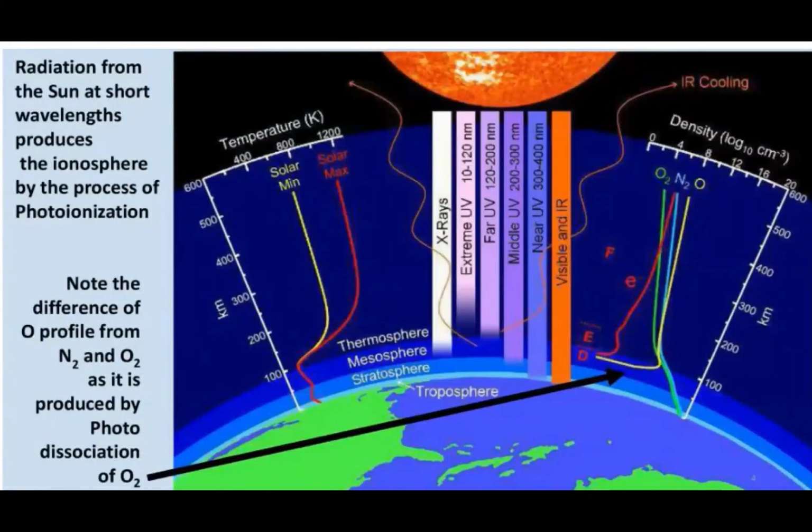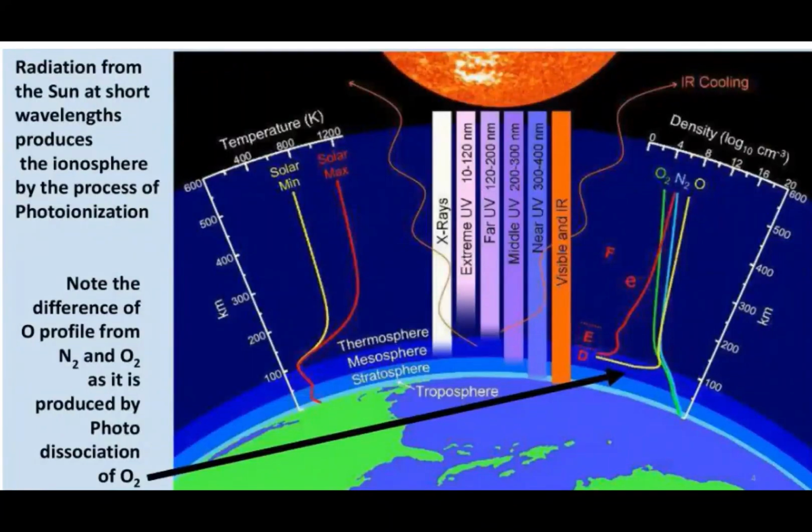All these radiations have different roles in the atmosphere, and some of them penetrate down to the earth, for example, the visible and infrared, whereas some other radiations are absorbed either in the stratosphere or mesosphere or even thermosphere. And because of that, they produce different effects there.